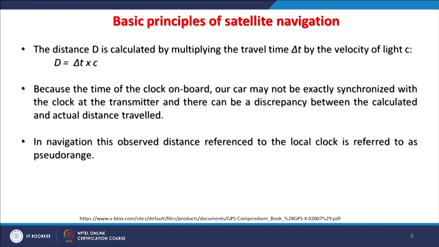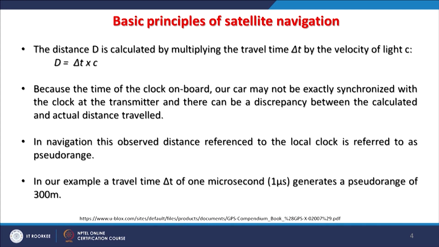But if we bring in signals from another transmitting tower, probably this issue can be resolved. This is what we will see in a few seconds. In this example, a delta t time difference of 1 microsecond generates a pseudo range error of 300 meters.